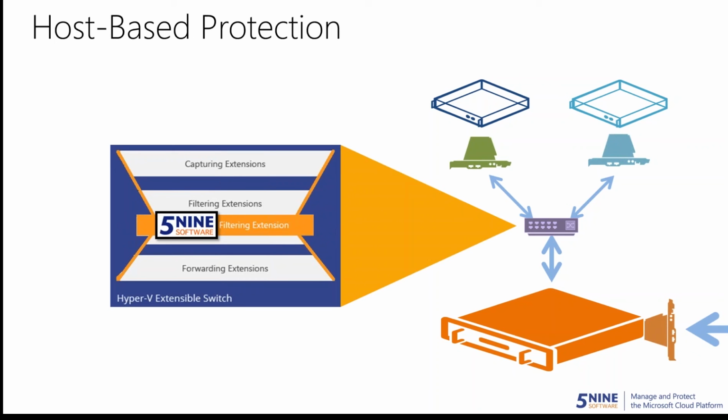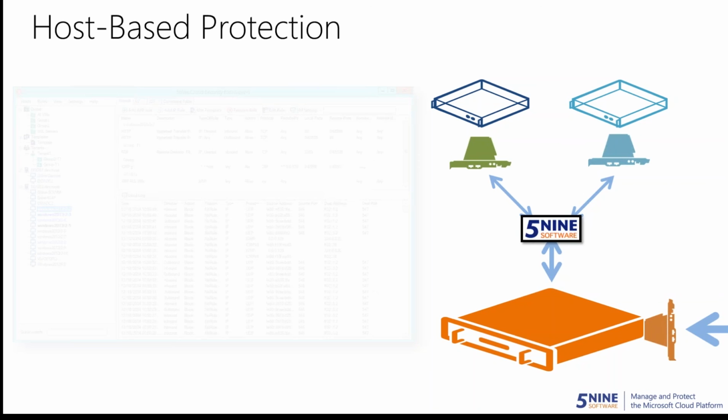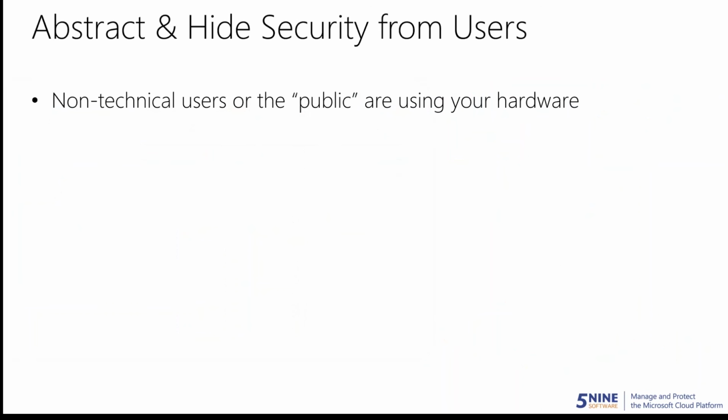So essentially, we have full control over whether that packet arrives at that other virtual machine or not. This is where we give the ability to intercept all of these packets. We sit at the kernel level. We can do what we need to route that. And so this gives us the ability to provide protection at the host level and not have to worry about protecting each of the VMs individually.